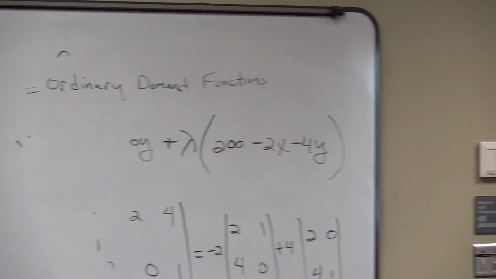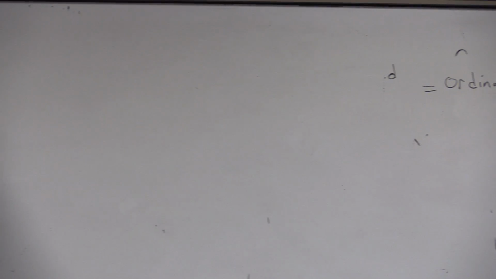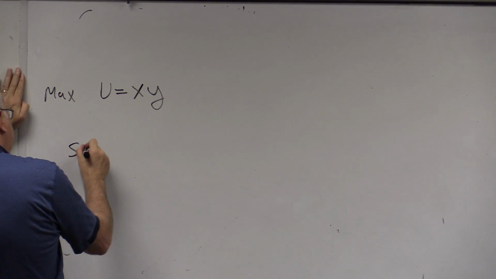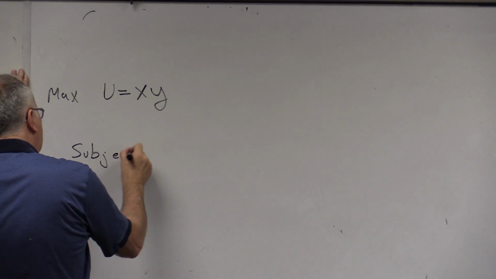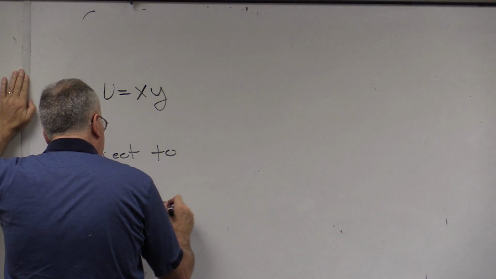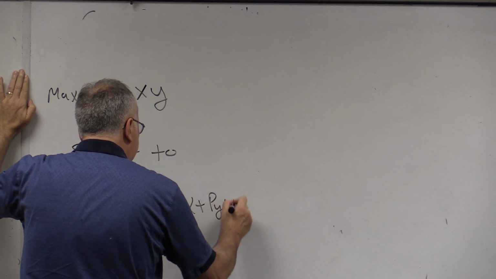Let's do that. We had this. We wanted to maximize this subject to I equals pxx plus pyy.